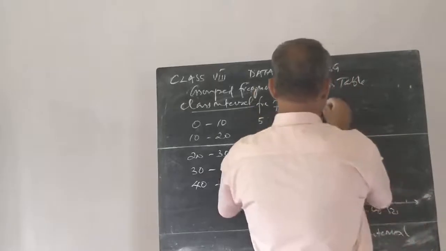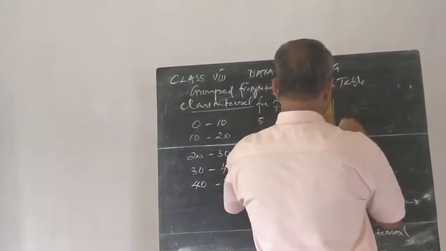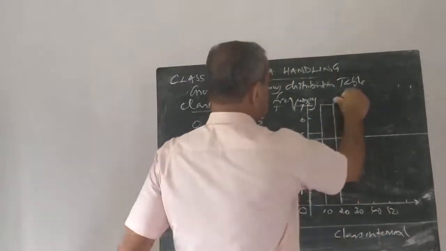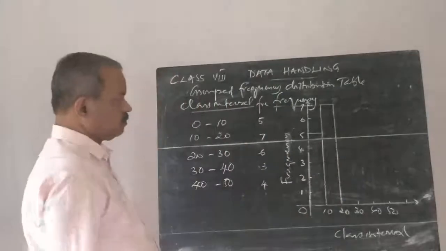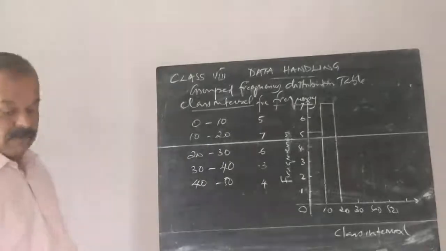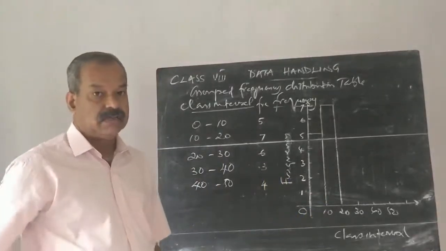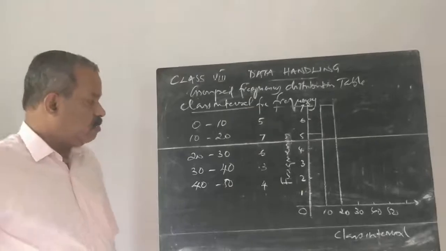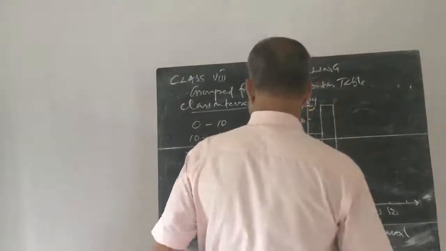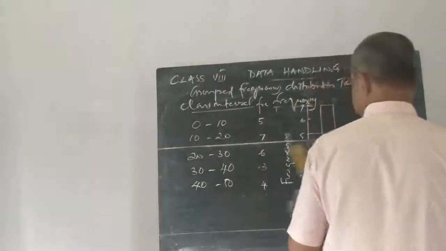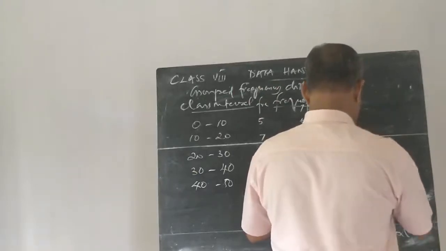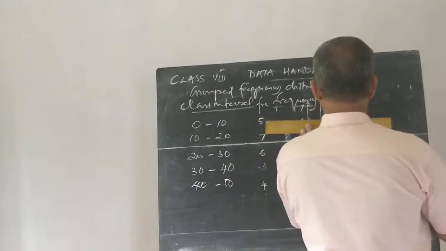Second rectangle. These are adjacent rectangles, the first and the second. There is no gap between the rectangles, but in bar graphs the distance between bars is uniform. Next, 20 to 30, frequency 6, so draw the bar like this.